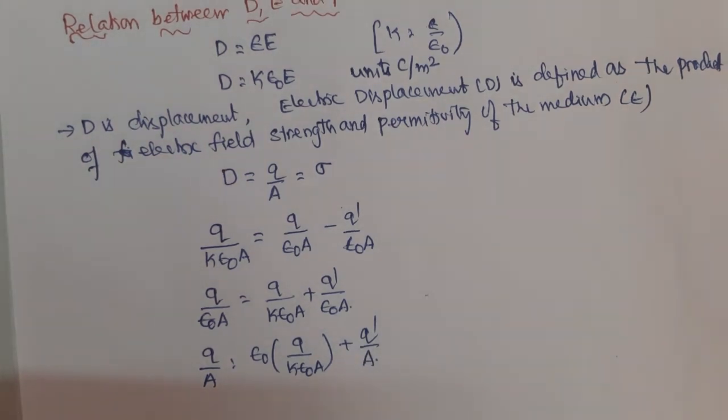And what is this Q by K epsilon naught A?